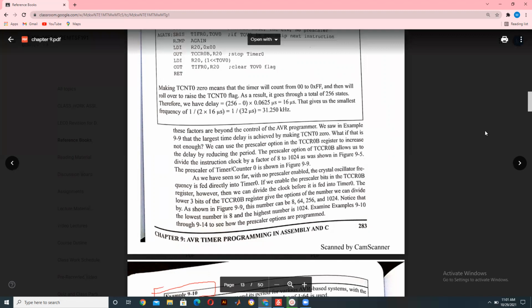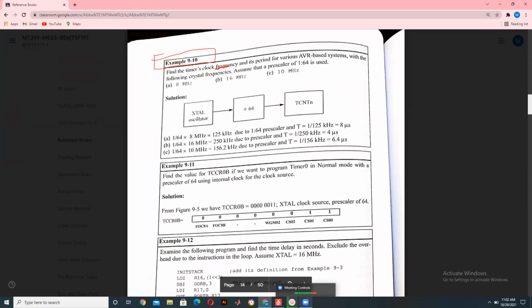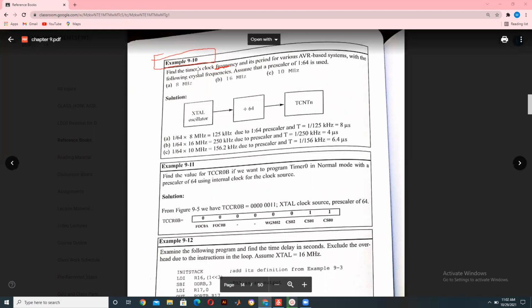After that, at example 9.10, we find the timer's clock frequency and its period for various AVR based systems.